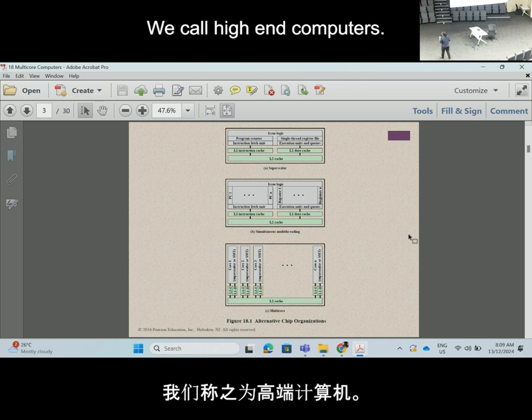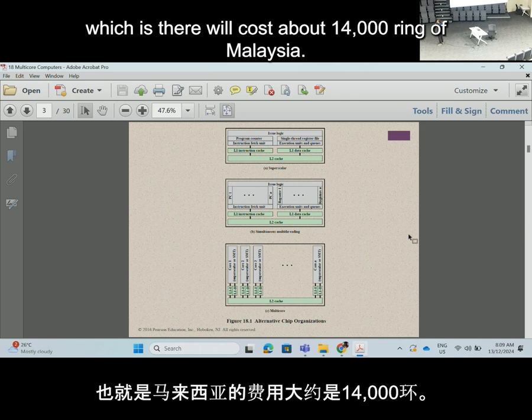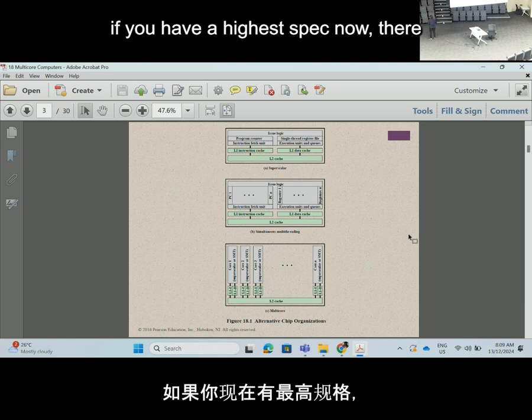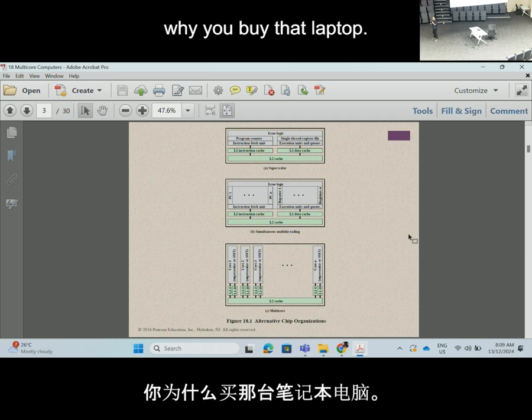We call them high-end computers. Based on my experience, the highest spec I used to have cost about 14,000 ringgit Malaysia. I don't know if you have a higher spec now, but there will definitely be certain purposes for why you buy that laptop.